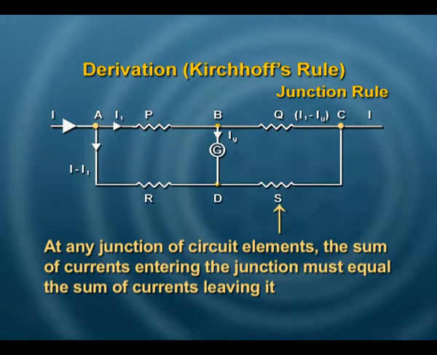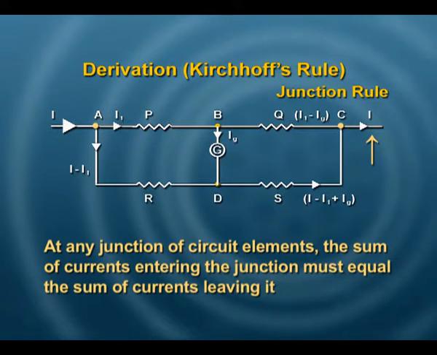Likewise, we can establish what will be the current through S. At this junction D, I g and this section has I minus I 1. So, the current in this portion of the circuit would be I minus I 1 plus I g, and at C all this adds up to become I value.